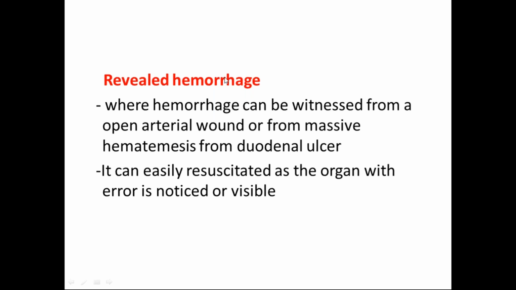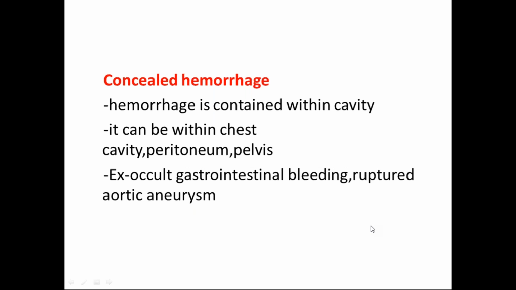It can be easily assessed as the end organ is noticed or visible. Whereas in concealed hemorrhage, the hemorrhage is contained within a cavity. It can be within the chest cavity, peritoneal cavity, or pelvis. Examples: occult gastrointestinal bleeding, ruptured aortic aneurysm.